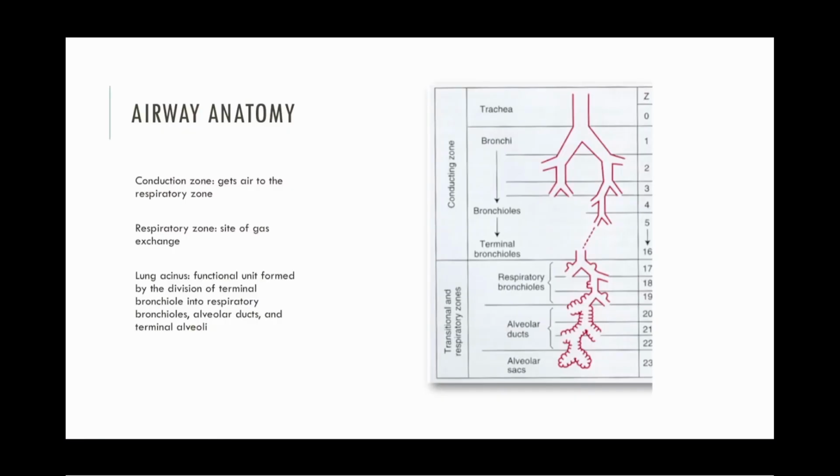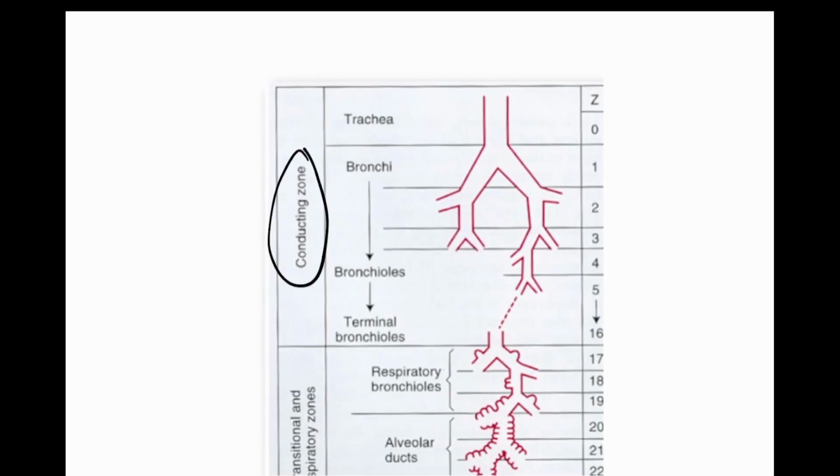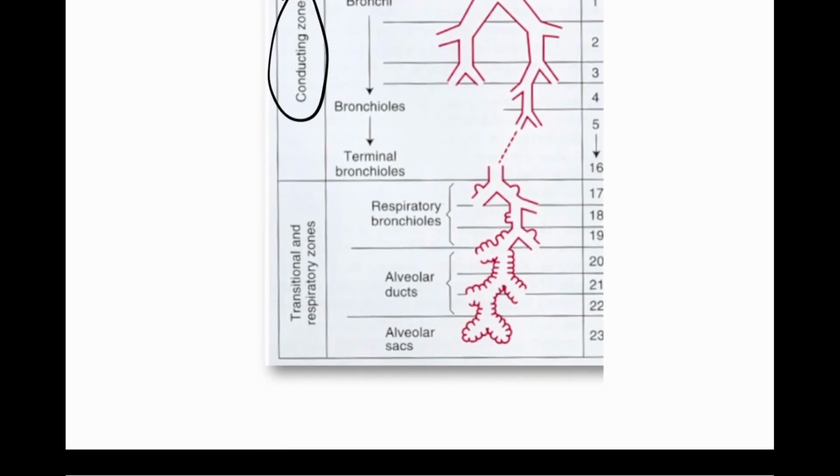Airway anatomy. There's two different parts of the airway. There's the conducting zone. No diffusion happens here. These are just tunnels for air to travel. They just move air from one zone to the other. That's all these do. Then as you start getting into the bronchioles, and then finally into the alveolar ducts and the sacs, these are called transitional and respiratory zones, because this is where respiration occurs.